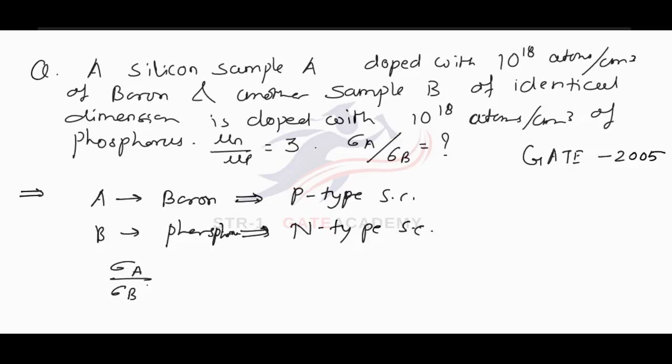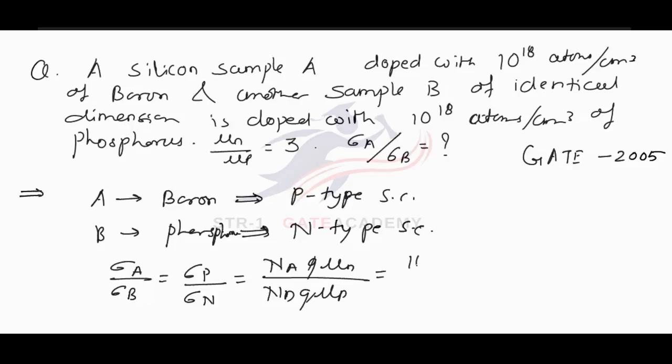The ratio of conductivity of sample A to conductivity of sample B will be conductivity of p-type semiconductor to conductivity of n-type semiconductor, which is written as Na into q into mu p upon Nd into q into mu n, which will be 10 raised to power 18 by 10 raised to power 18 into mu p upon mu n.